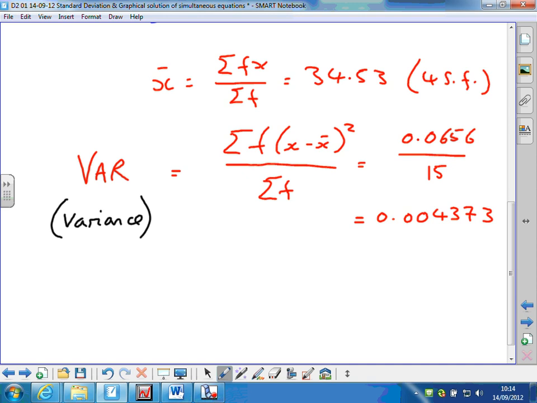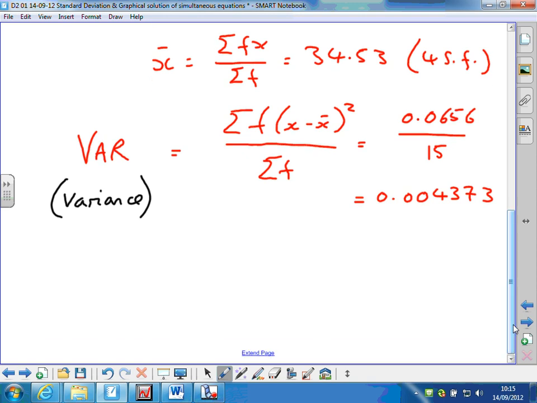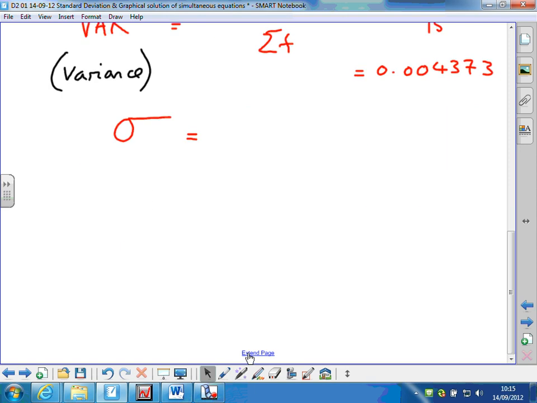The final step is, if we think what we did to get rid of the negative sign, we squared. So at the end, we square root to get rid of that effect. And that gives us what's called the standard deviation. There's a symbol we use for standard deviation that we've come across before, this sigma.